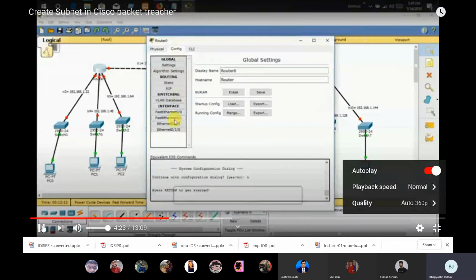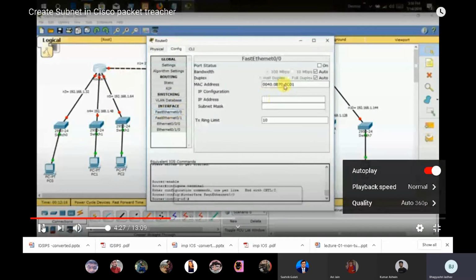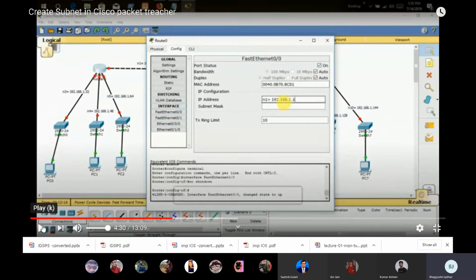Configured. Now here he mentions the IP address and then the subnet mask. First 192.168, with the default subnet mask.